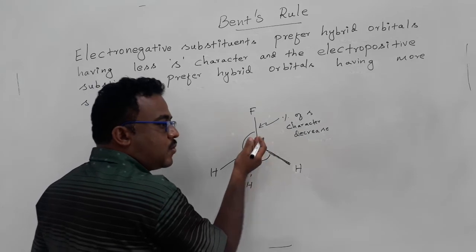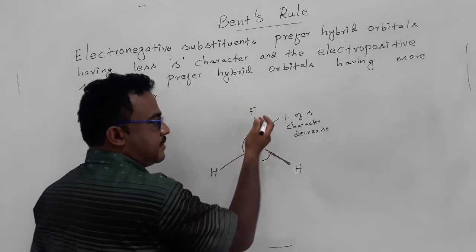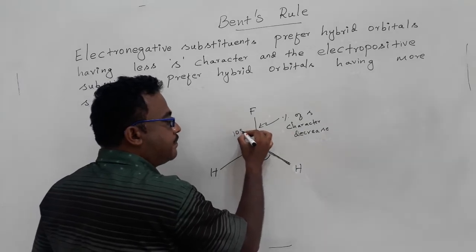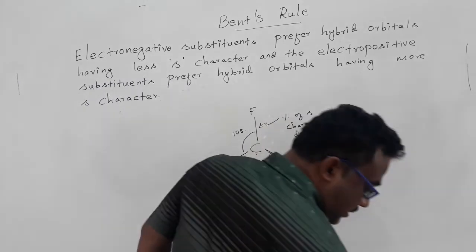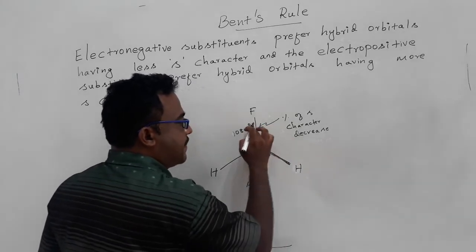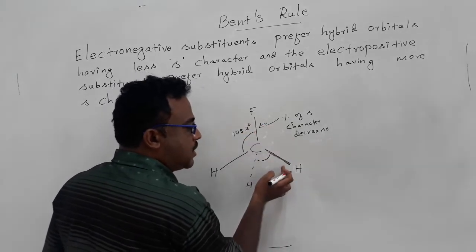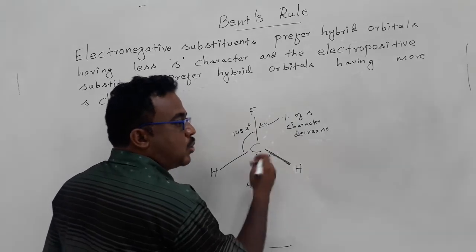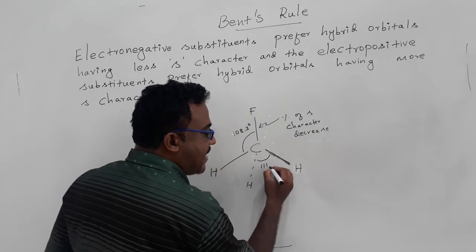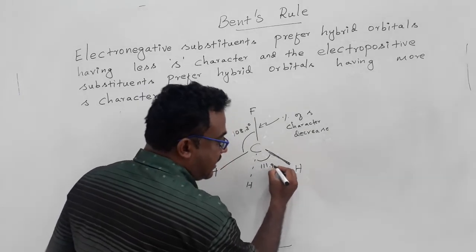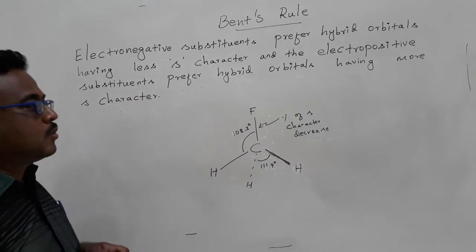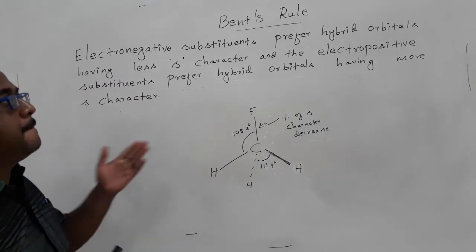We have to expect around 109, but because the percentage of s character decreases here, it has I think 108.3 degrees. On the opposite side, if the percentage of s character decreases in one, of course the other should have more s character. So what happened? The bond angle should increase to 111.9 degrees. It is another example to make the understanding of Bent's rule clearer.